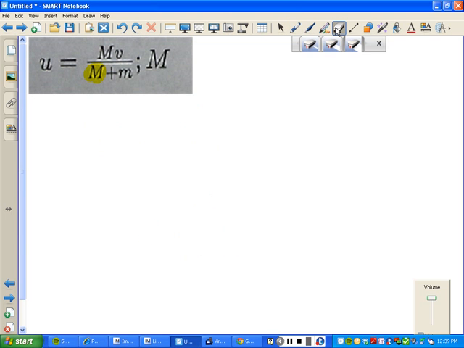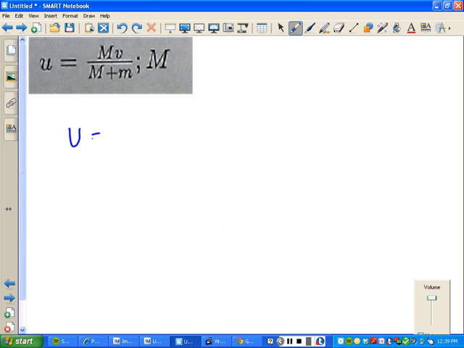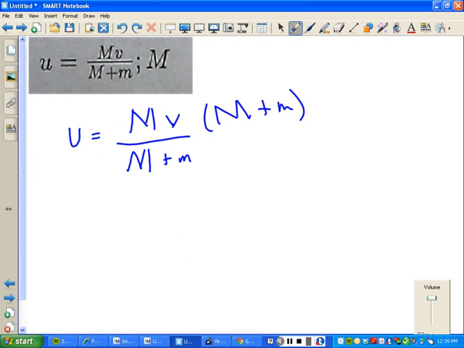So let's multiply both sides. We have U equals big M V over big M plus little m. We're going to multiply both sides by big M plus little m. Now, some of you are going, ain't that 2m?